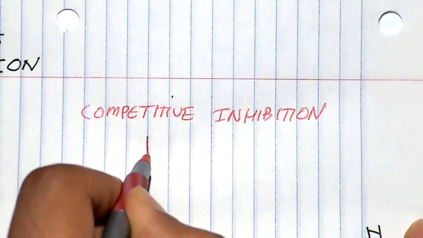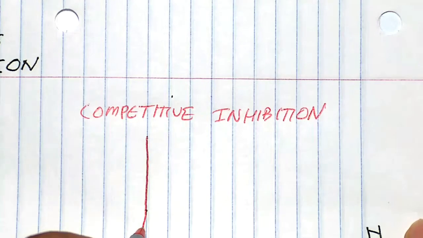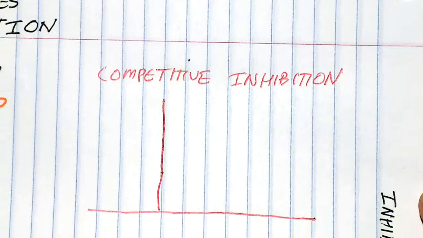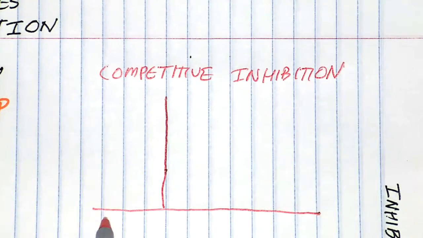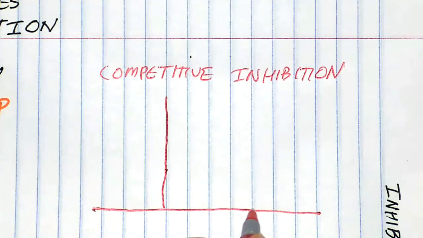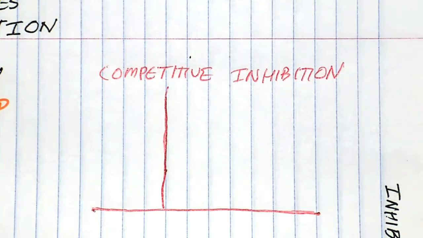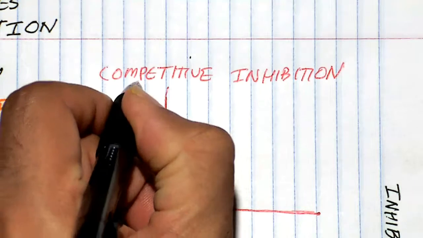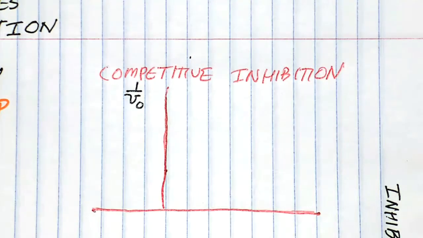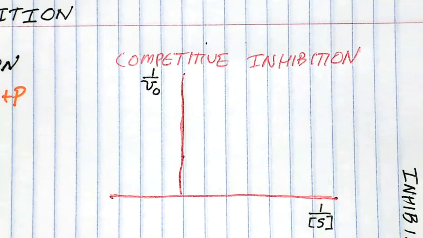So first of all, as always, label your axes. Okay, label your axes. And what are the correct axis labels for a double reciprocal Lineweaver-Burk plot? All right. So if you said 1 over V sub naught on the y-axis versus 1 over S on the x-axis, then you are correct.